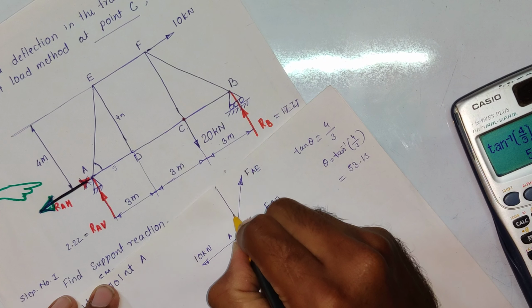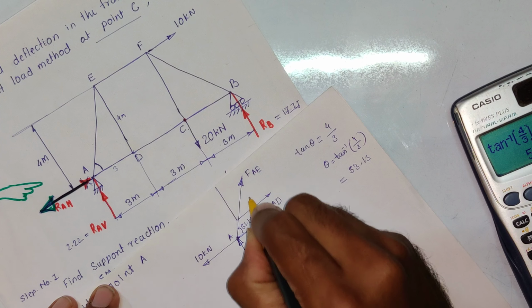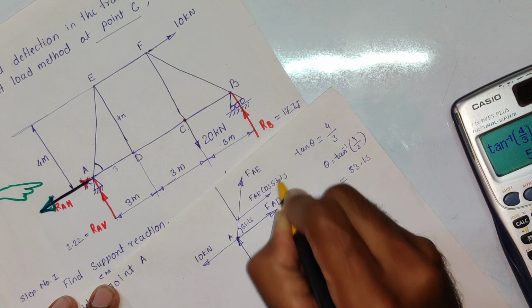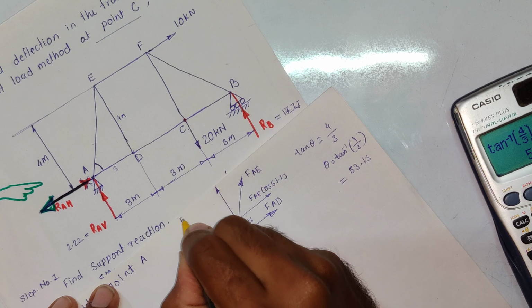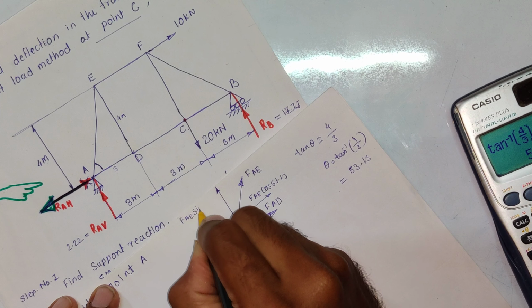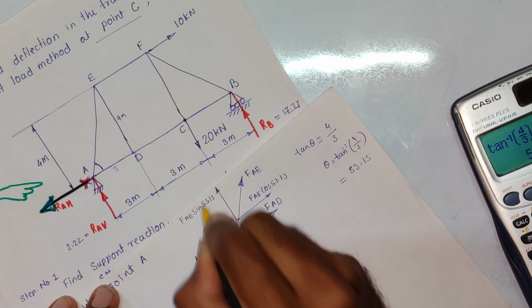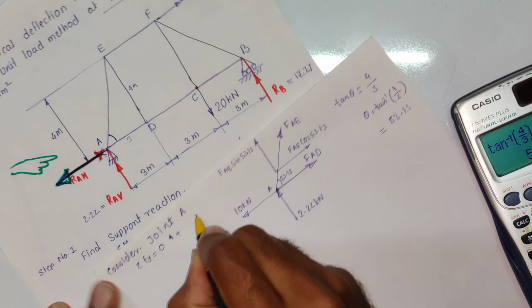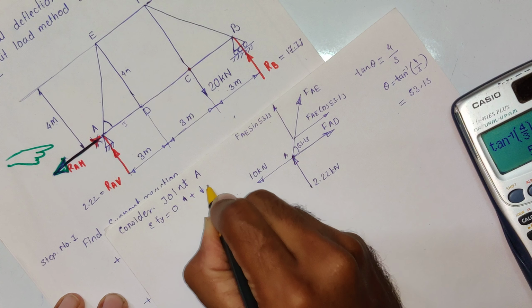We'll resolve this. FAE cos 53.13 and FAE sine 53.13, right? So summation of Fy is equal to 0. Upward plus and downward minus.